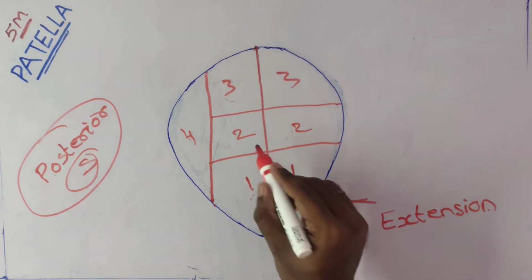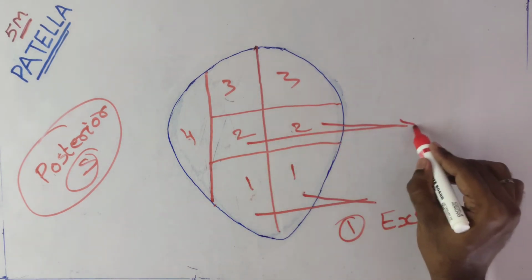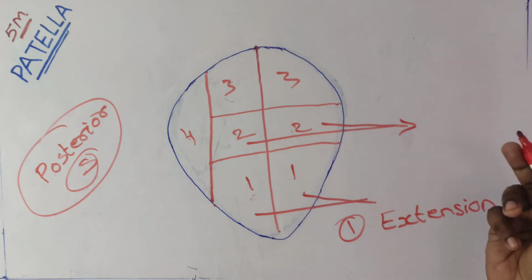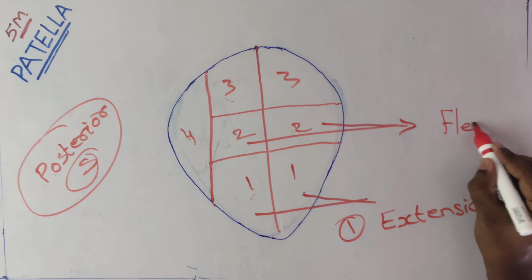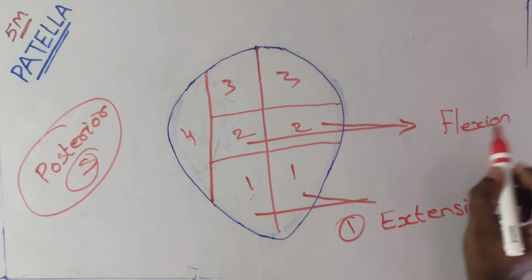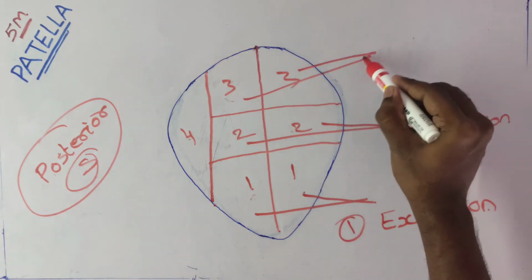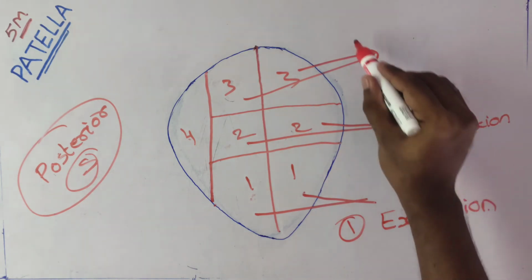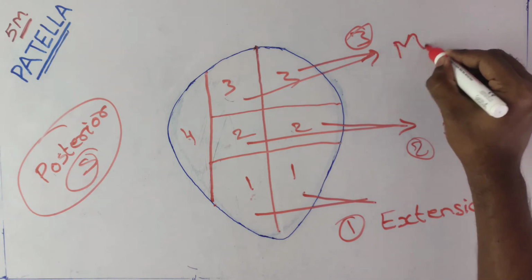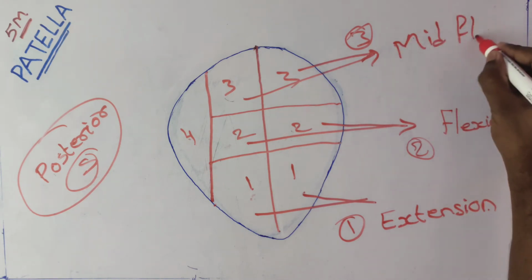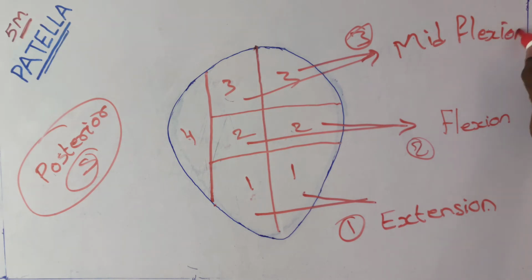The middle area, pair 2, articulates with the femur during beginning of flexion. The upper pair, pair 3, articulates with the femur during mid flexion.